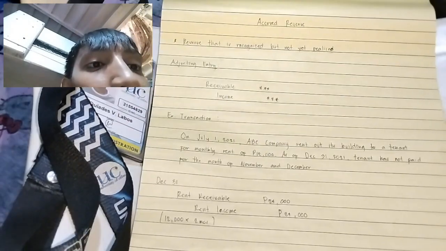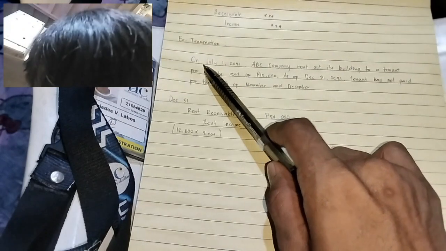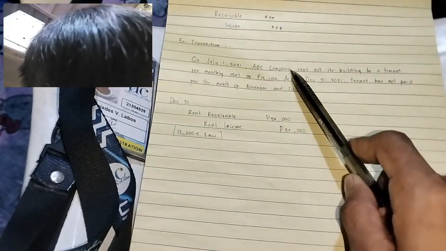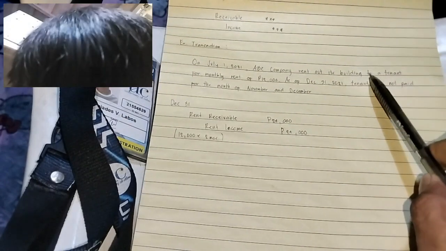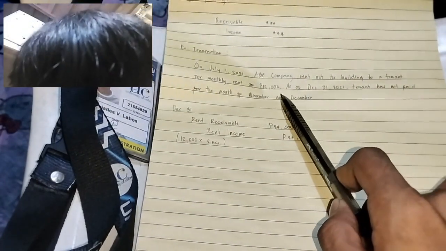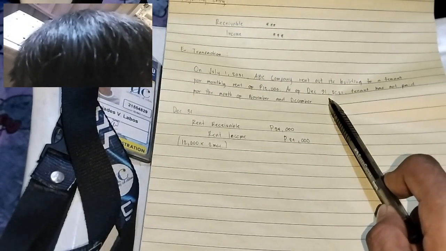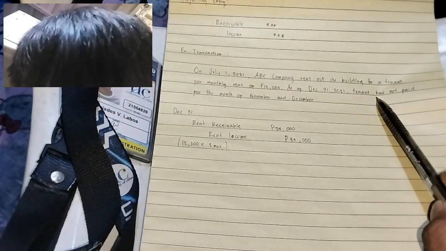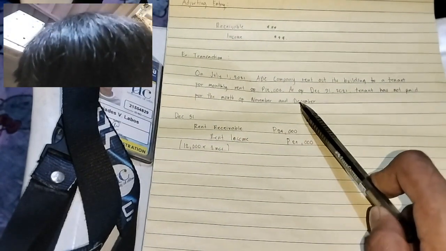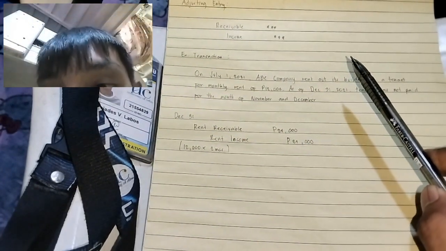I will give you an example transaction. On July 1, 2021, ABC Company rented out its building to a tenant for a monthly rent of 12,000. As of December 31, 2021, the tenant has not paid for the months of November and December.